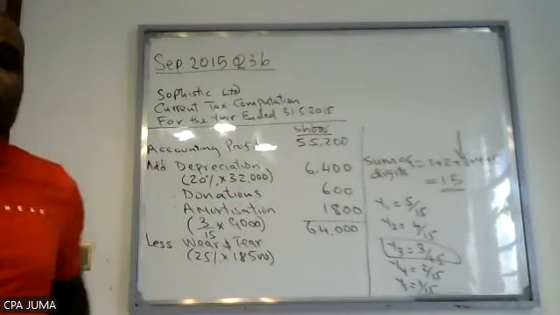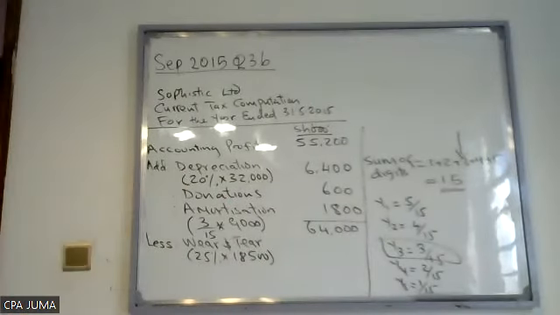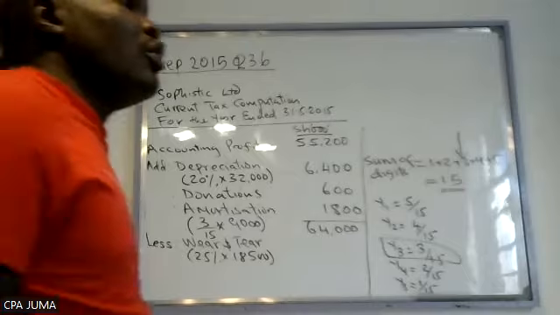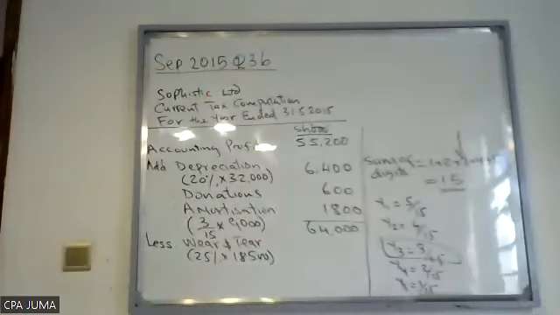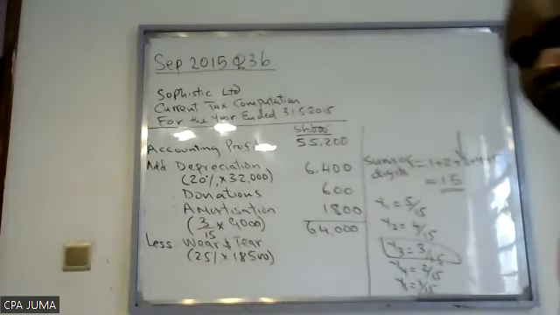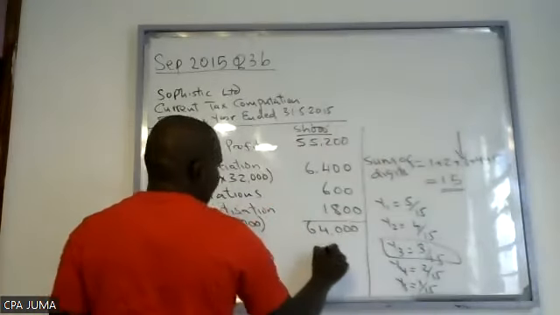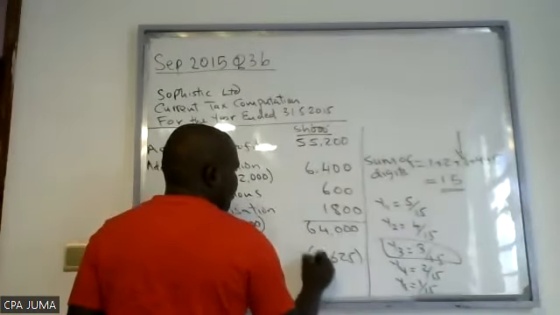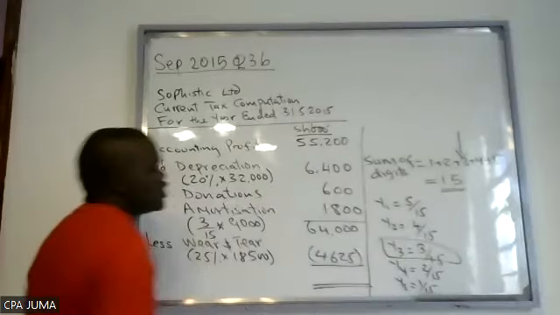Then 5% of 18,500, somebody? 4,625. That one you are allowed to subtract.